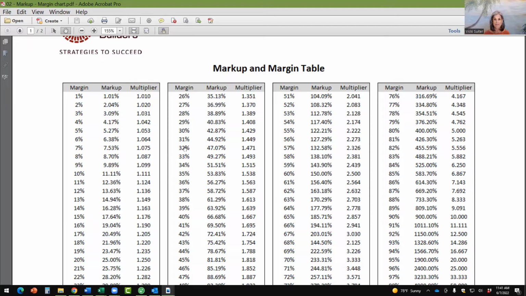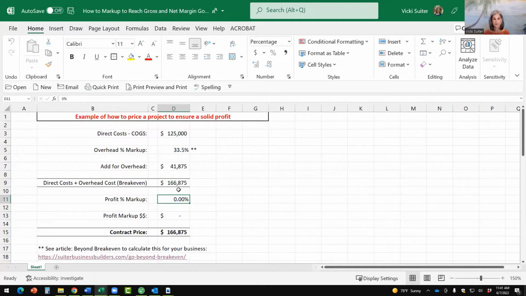Or if I want to make a 35% gross profit margin, I have to mark up 53.83%. So in other words, you can see that margin is always going to be much less. And so it's important that you understand the first number, which is how much do I have to mark up, because that's what it costs me to run my business, right? That's a real percentage. And then secondly, what is my goal for net profit margin?